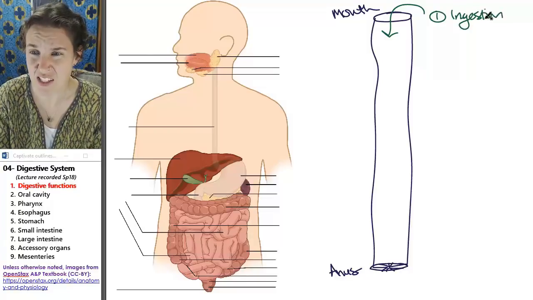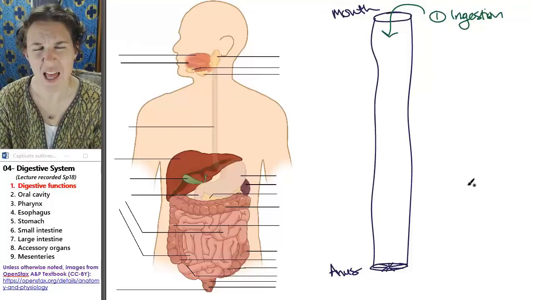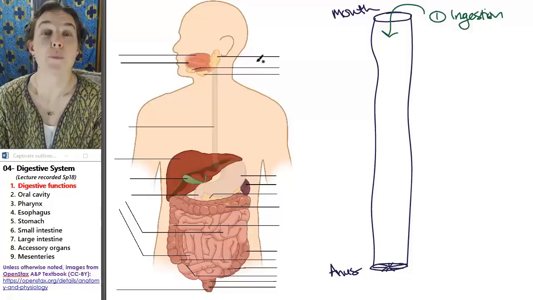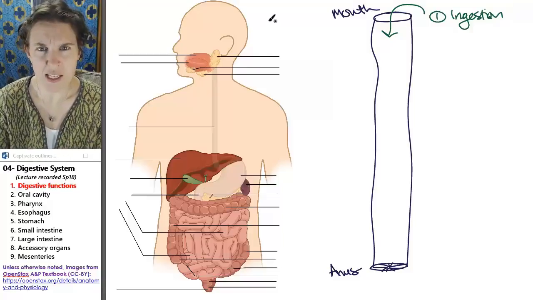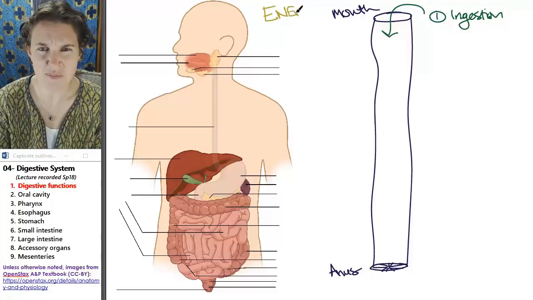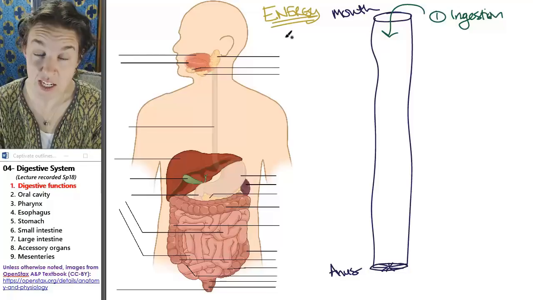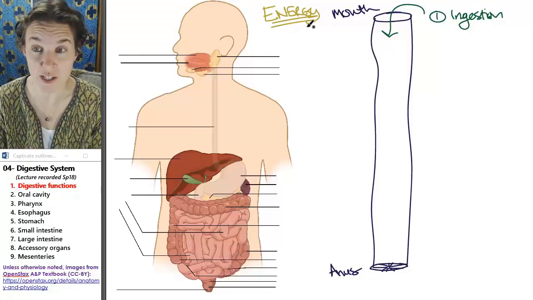So the digestive system plays a role in ingesting fuel. And hold on just a second and think about why. Why do you need fuel in the first place? The big picture reason we need the digestive system is because we need to get energy. So really, the purpose of the digestive system is to provide us with energy.